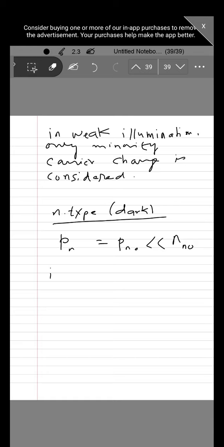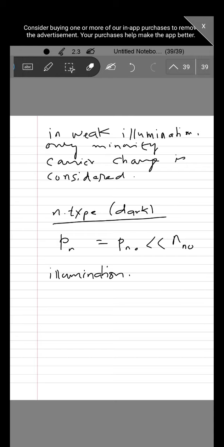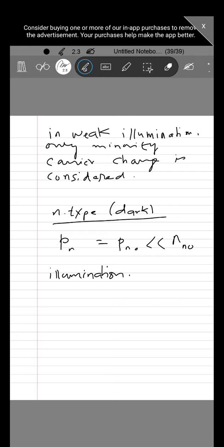So when we provide the illumination, that means when h nu is greater than Eg, it leads to excess holes created.